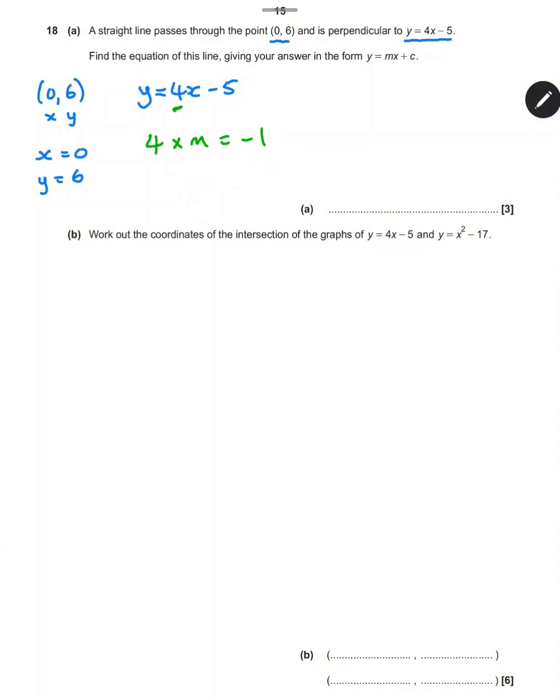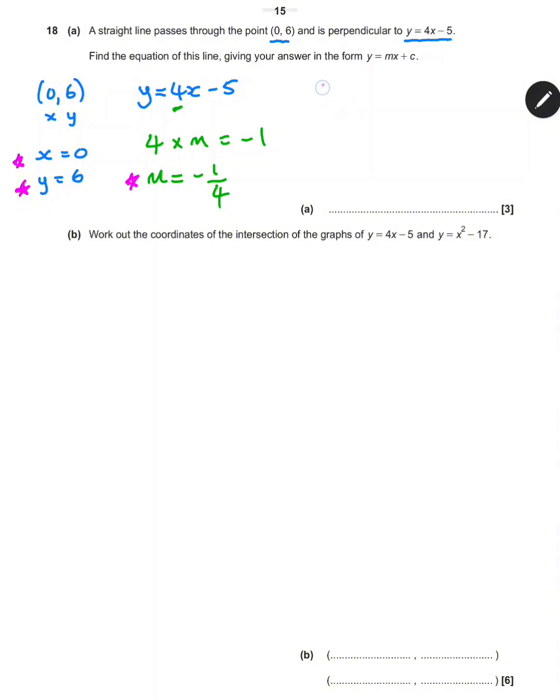So 4 times m is -1. M will be -1/4. We can just do -1 divided by 4. So the information we've got: x is 0, y equals 6, and our gradient m is -1/4.